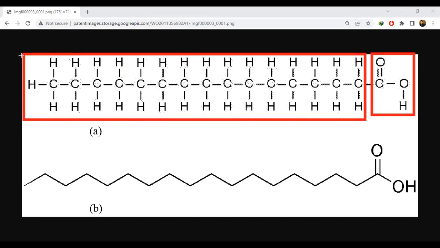So what are the parts making a fatty acid? A carboxyl group and a hydrocarbon chain. Could you please take a white sheet, mark this diagram and label it? Carboxyl group, polar group, hydrocarbon chain, non-polar. Could you please do it?